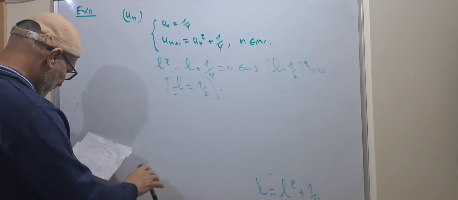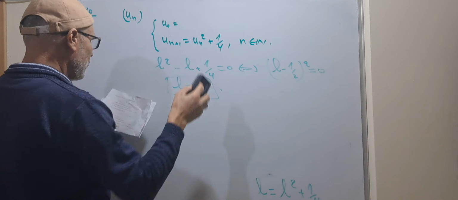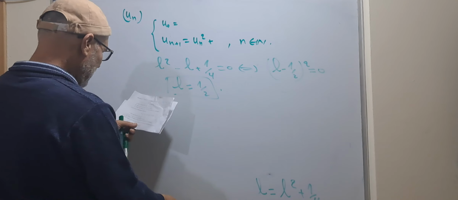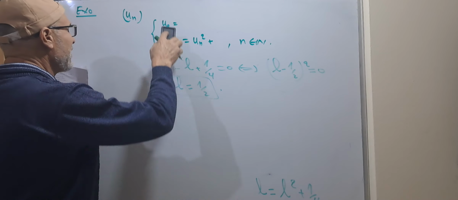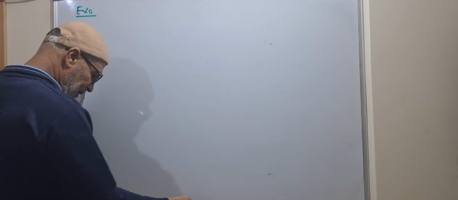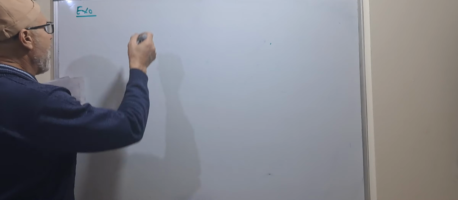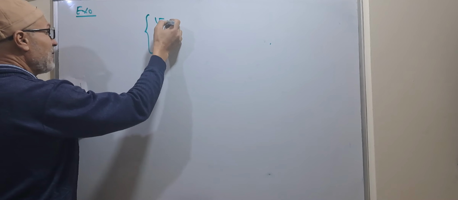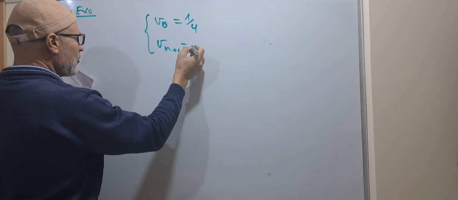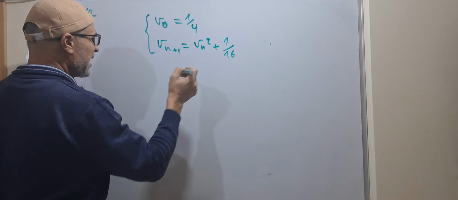The second question in the same topic, we consider a sequence Vn defined by V0 equal to 1 quarter and V(n+1) equal to Vn square plus 1/16.